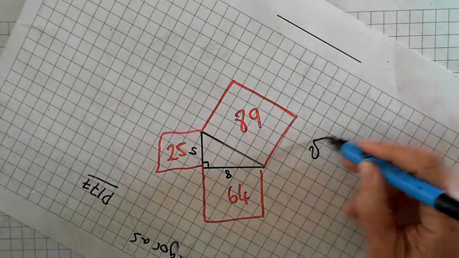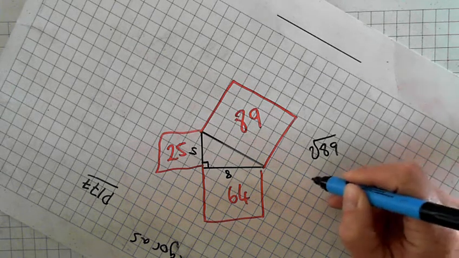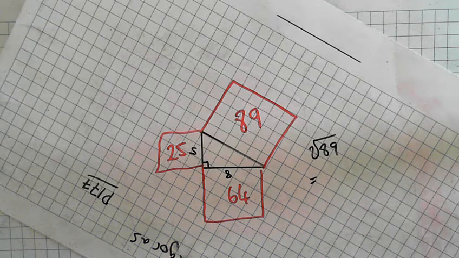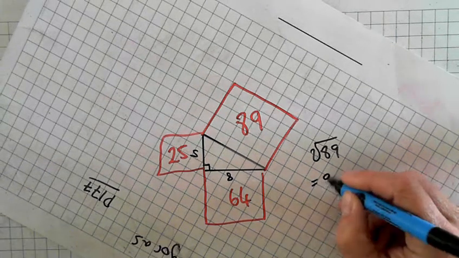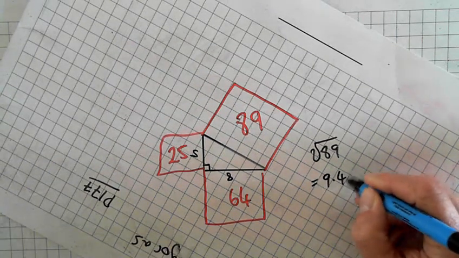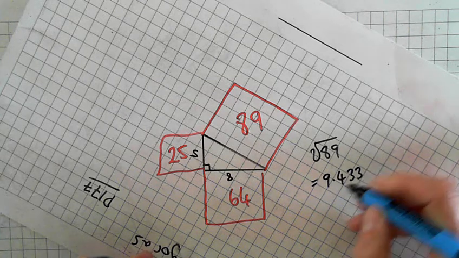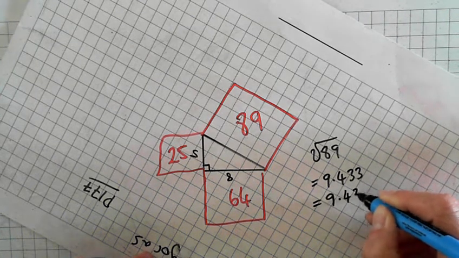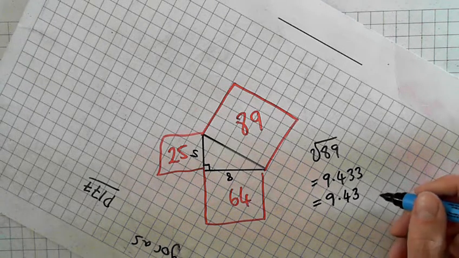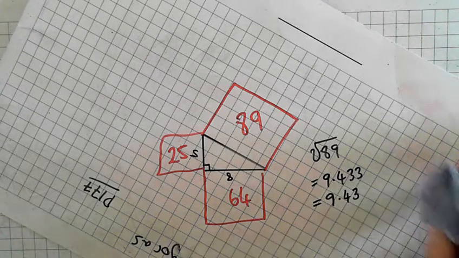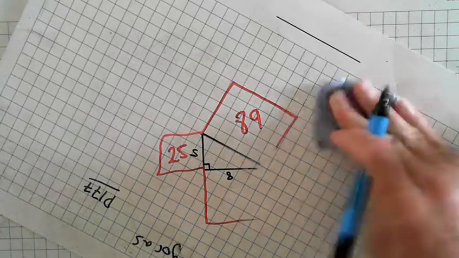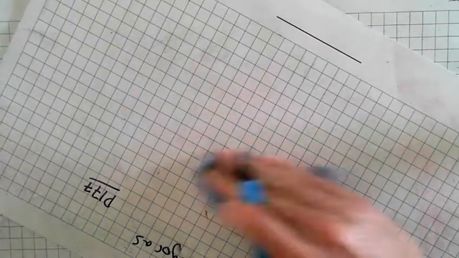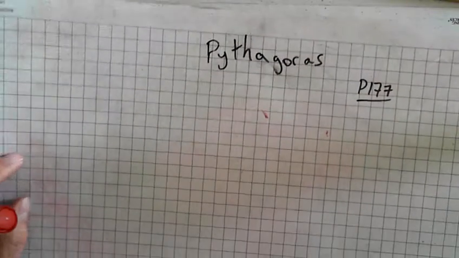You get the square root of 89 equals 9.433. Rounded to 2 decimal places, 9.43. Okay. We'll have a look at another one. Look up again. Right, another one.